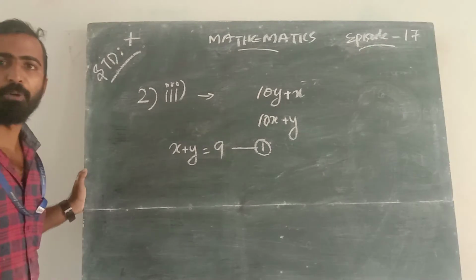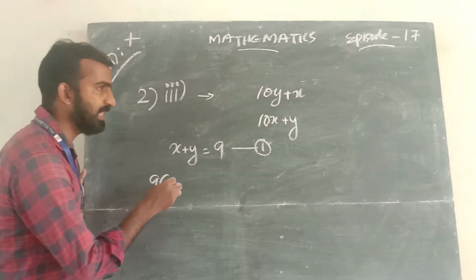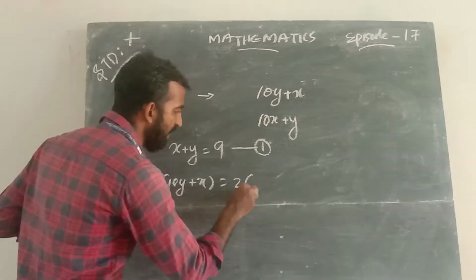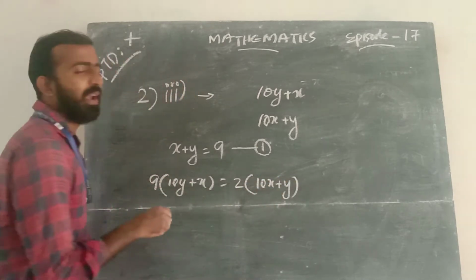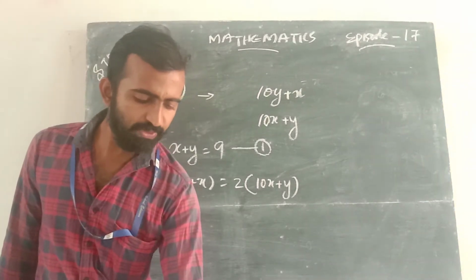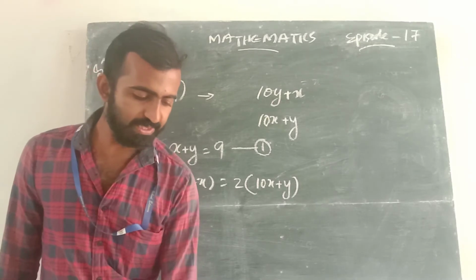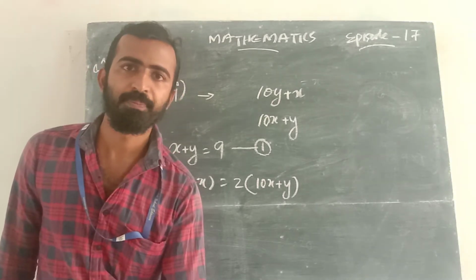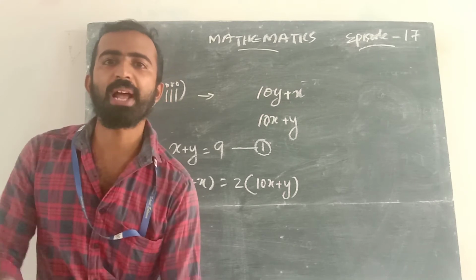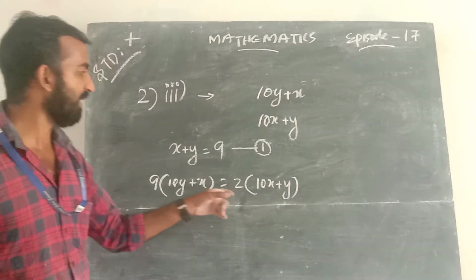This is equation number 1. And the second condition: 9 times the actual number, 9 into (10y plus x), equals 2 into (10x plus y), according to the question. 9 times the number is twice the number obtained by reversing.